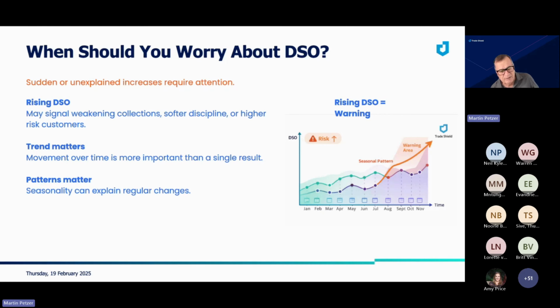I know sometimes when a company is sales driven, and I laughed the other day with one of our credit managers of one of our clients when she showed me a client that Trade Shield didn't want to give credit to, and the insurance company didn't want to give credit to, yet the big boss said, give them credit.